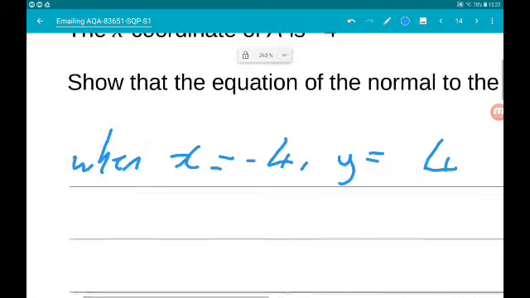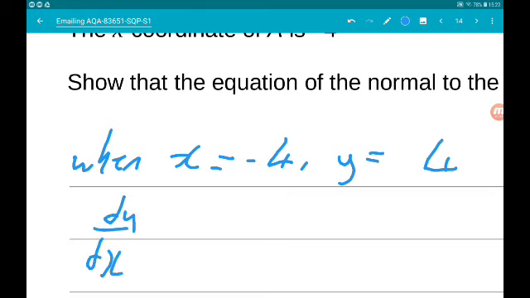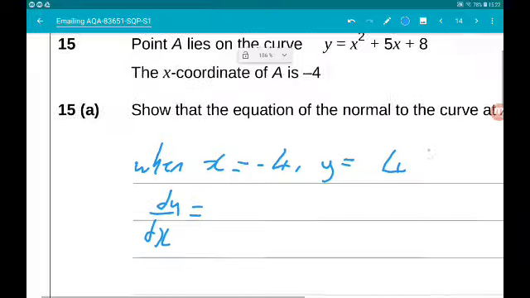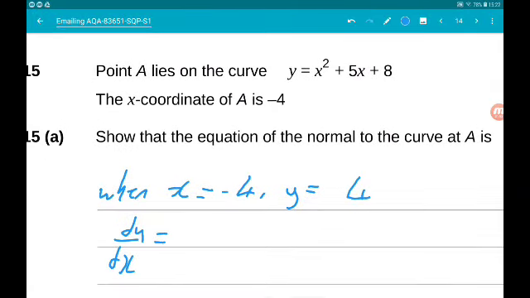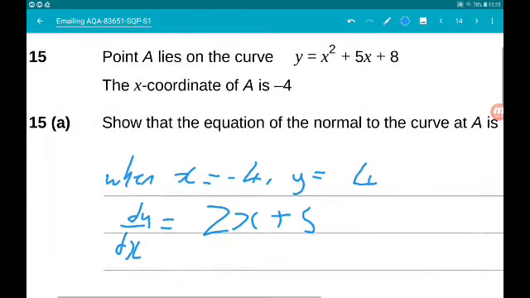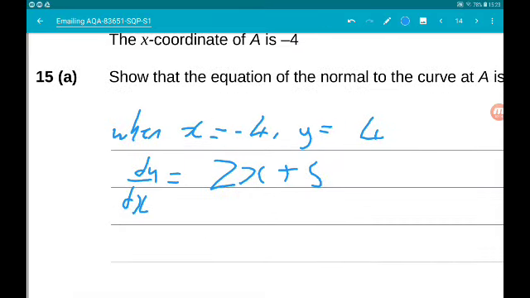So, dy by dx is equal to, so x squared differentiates to 2x, 5x differentiates to 5, and 8 differentiates to 0. So our derivative is 2x add 5.